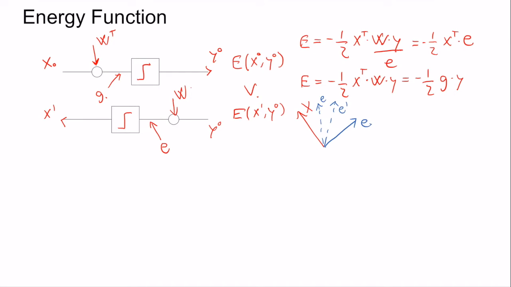And as you move closer, the inner product is larger, and therefore the energy is lower because of this negative sign here.